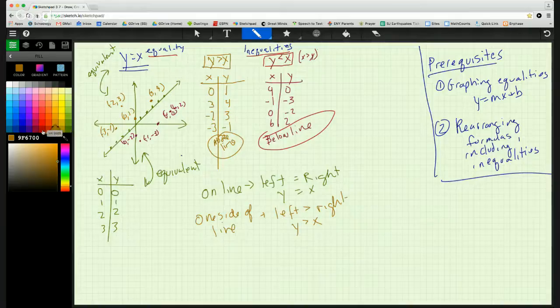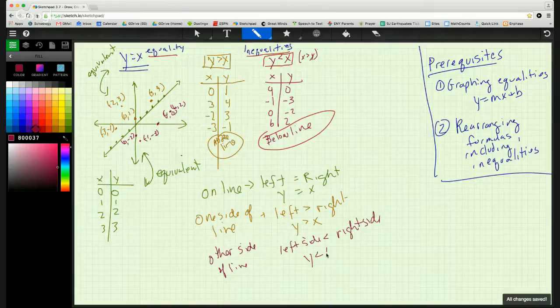And then on the other side of the line, we'll just say the left side is less than the right side. So y is less than x. Okay, so that's the punchline.